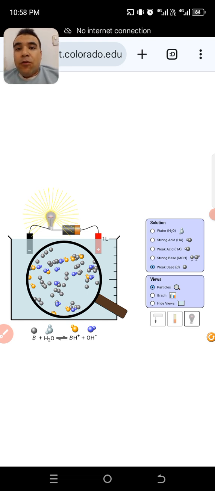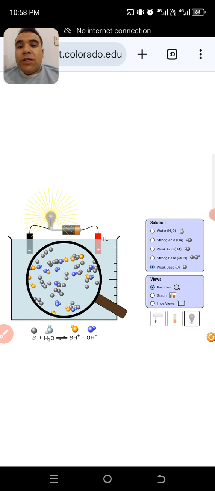Usually we have four types of salts. The salt is neutral if the cation and anion come from a strong acid and strong base. The acidic salts: if the cation comes from a weak base and the anion from a strong acid, you'll get an acidic salt.